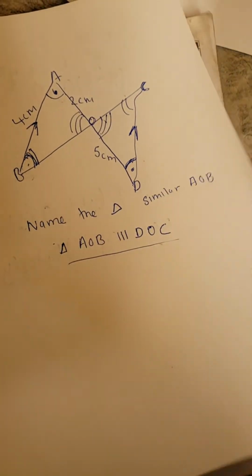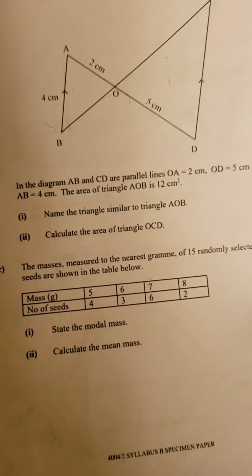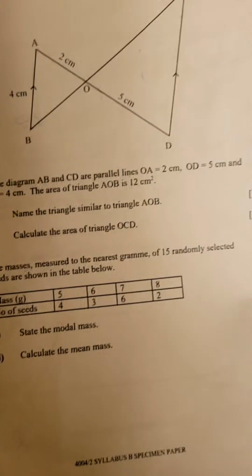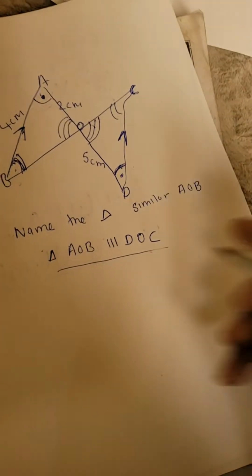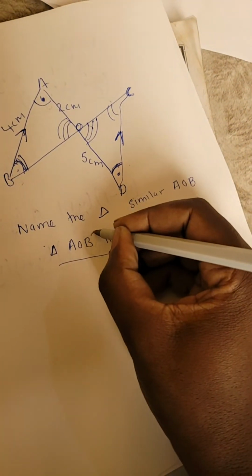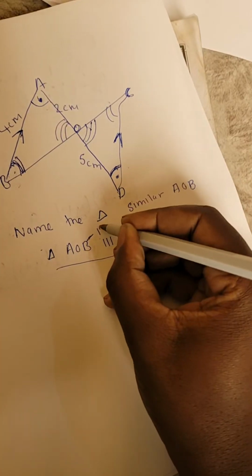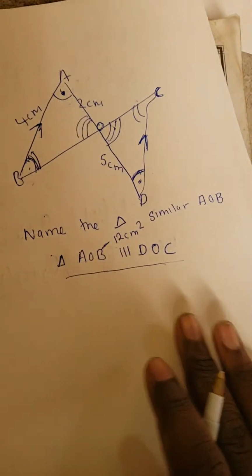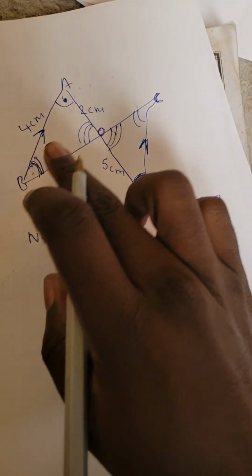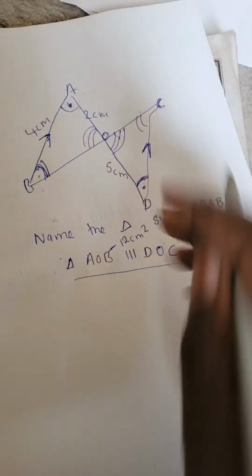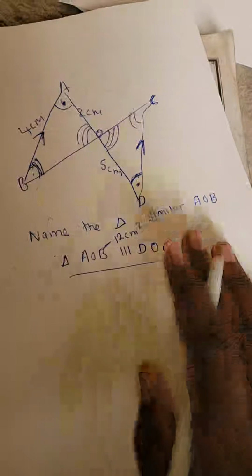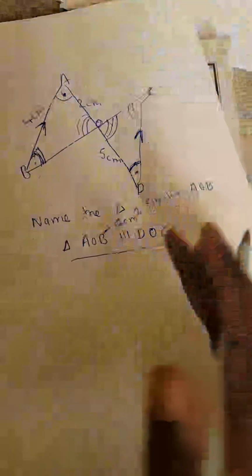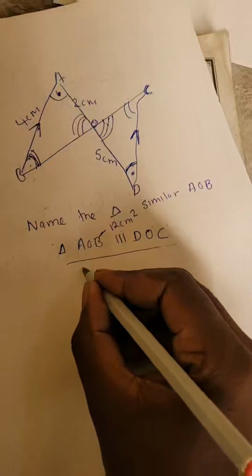Then we are now asked to calculate the area of triangle OCD, given that the area of triangle AOB is 12 centimeters squared. So I want to find the area of this other triangle.